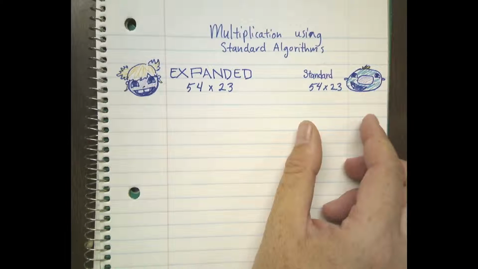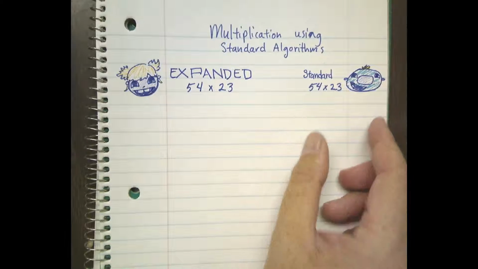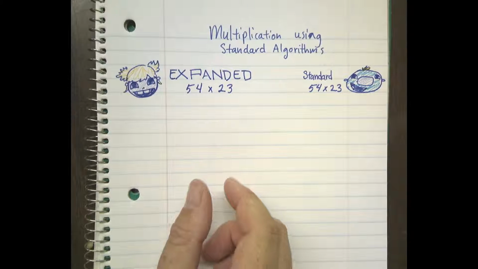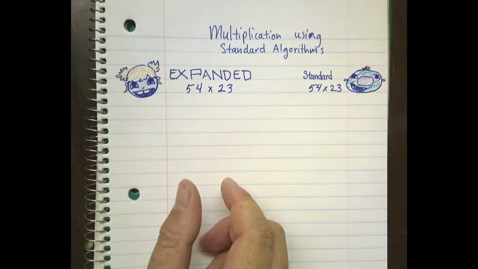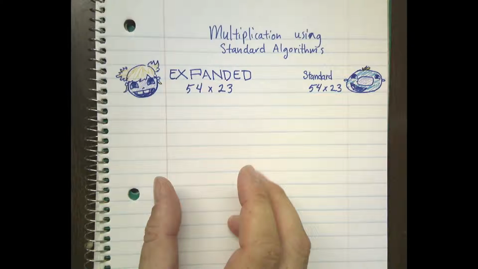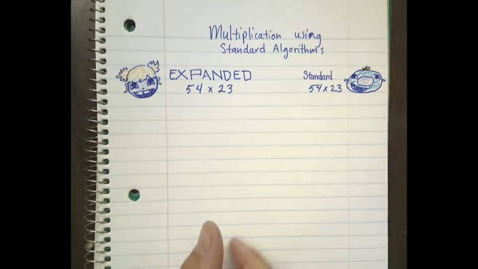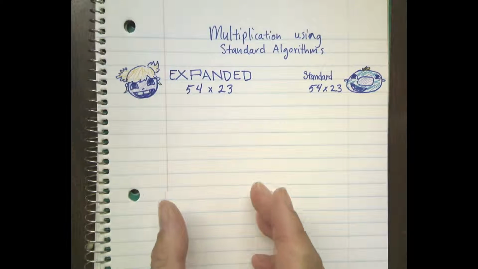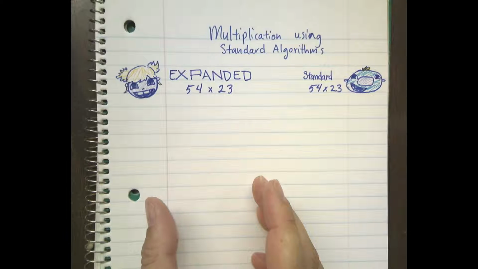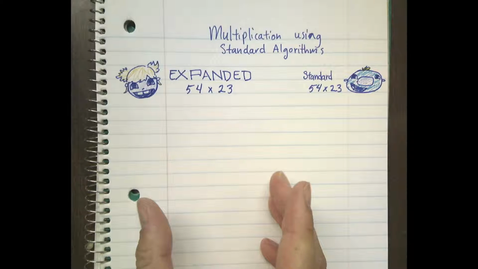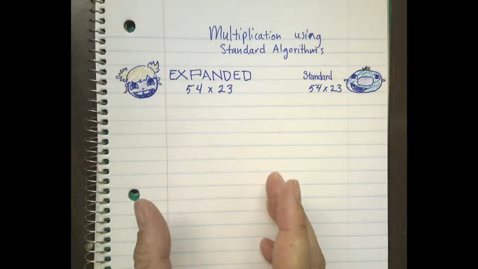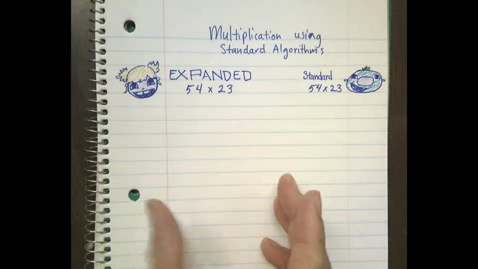And then standard is our standard Wall-E. I'll show you both ways to do these algorithms, and you can pick whichever one you want. Both of them work, and you'll get the right answer either way.